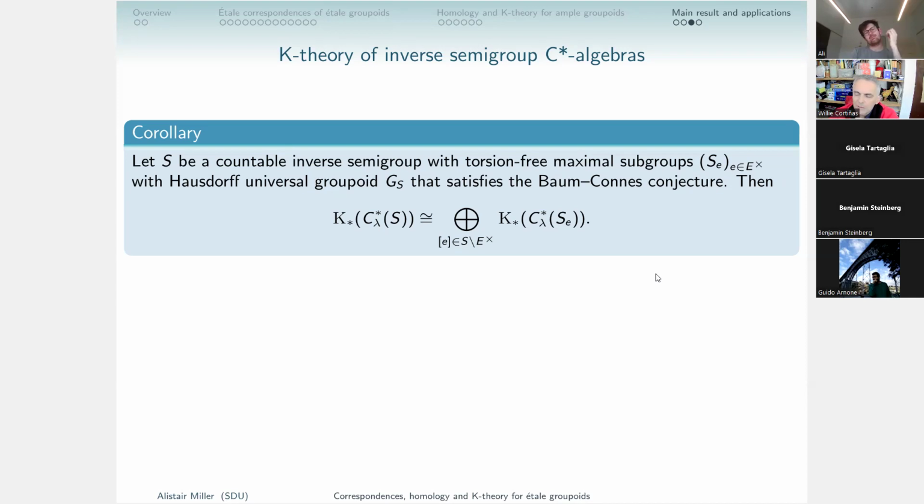Okay, and so the reasonable K-theoretic setting should be a semigroup equivariant bivariant K-theory, not groupoid equivariant, right?